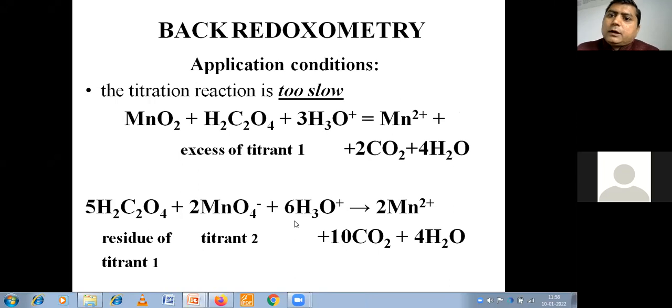Back redoximetry titrations, the application part of this: magnesium oxide can be reacted with oxalic acid, and Mn+2 will be formed.